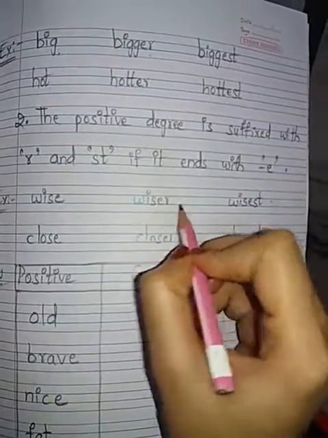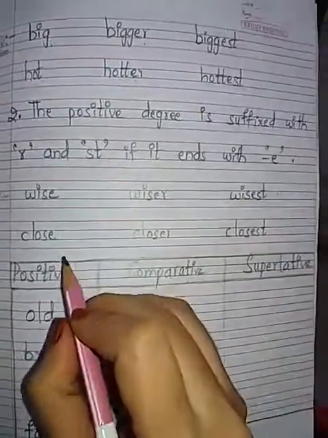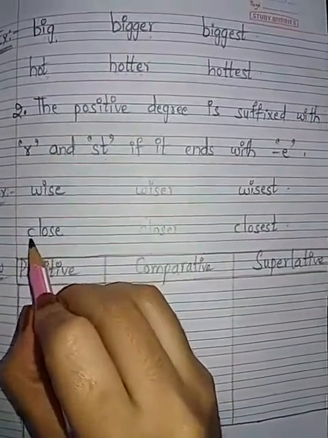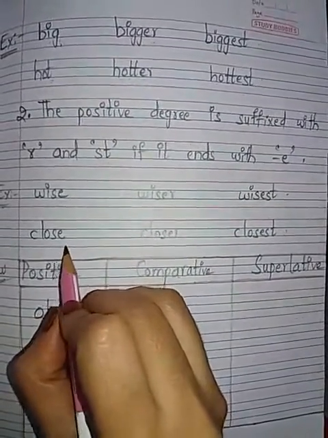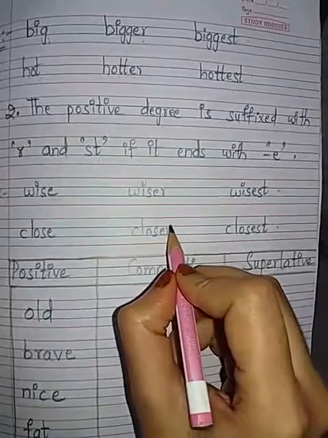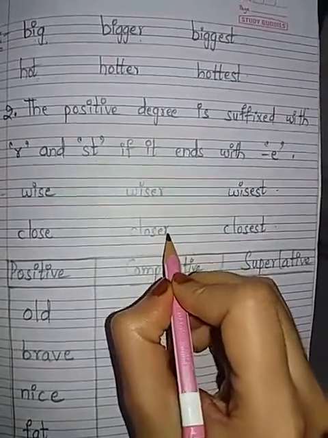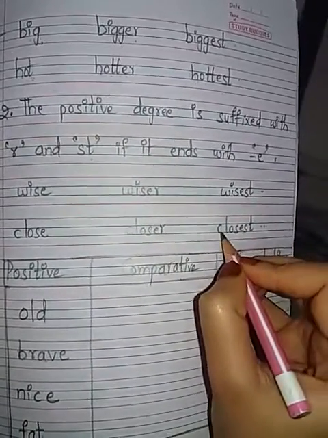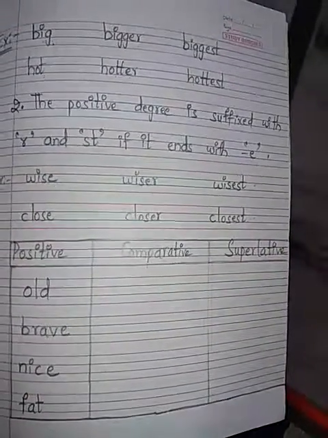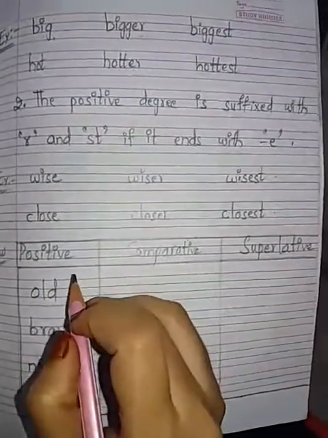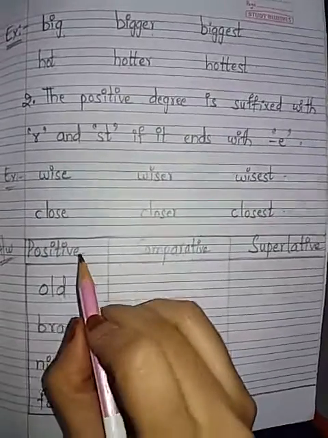Wise, wiser, wisest. Alright, next, close, C-L-O-S-E, close, and this word is ending with E. So what you have to add? You have to add R to the comparative degree column and ST to the superlative degree column. Okay children, understood?